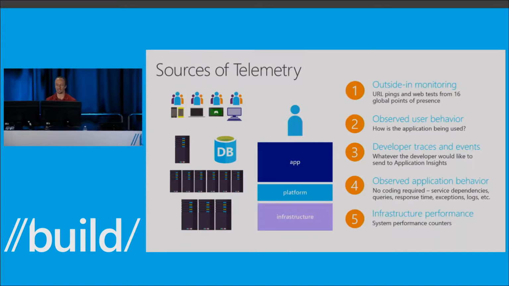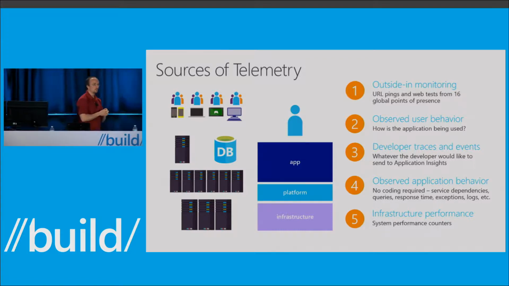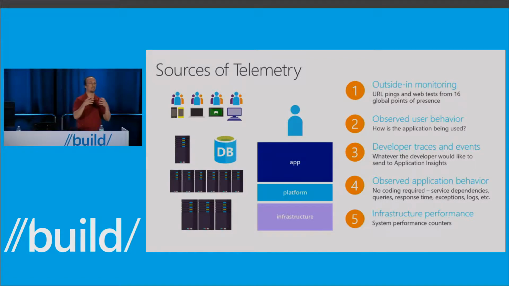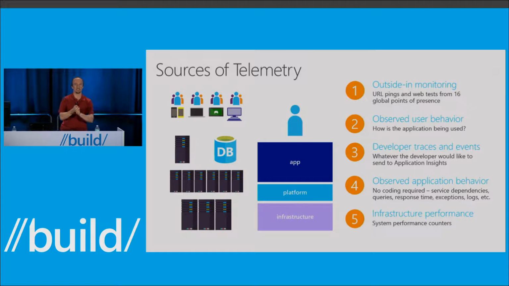Now, if you look at what Up Insight consists of, the way we treat an application is essentially a bucket of telemetry uniquely identified by iKey. And you can send telemetry there. First of all, you can look at your front-end application and you can ping it from outside.